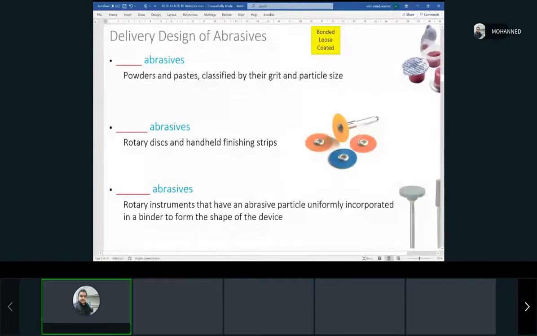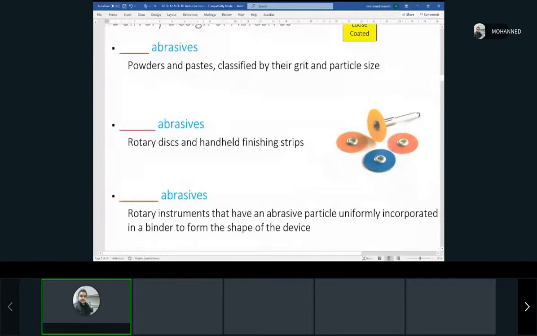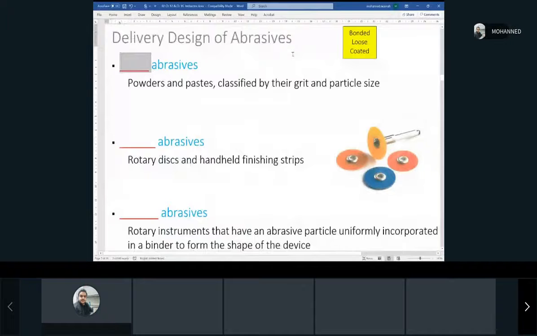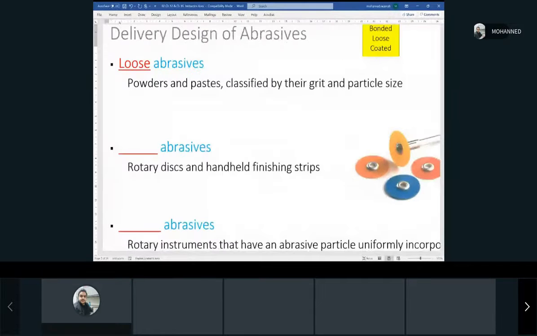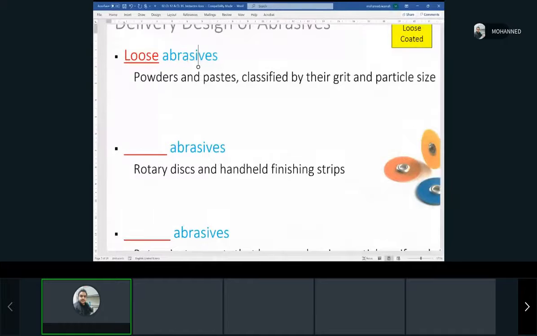Blank abrasives are powders and pastes, classified by their grit and particle size. Powders, do you think they're bonded, loose, or coated? Loose, right? They're just powders, not bonded to anything. Blank abrasives are some rotary discs and handheld finishing strips. These are the coated ones.